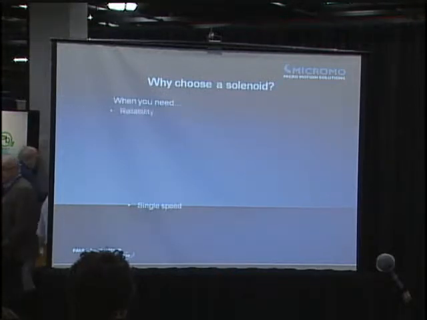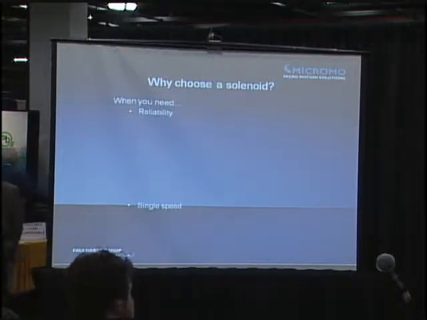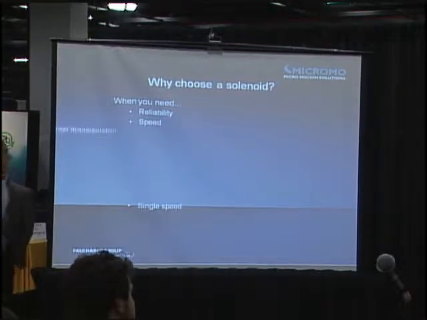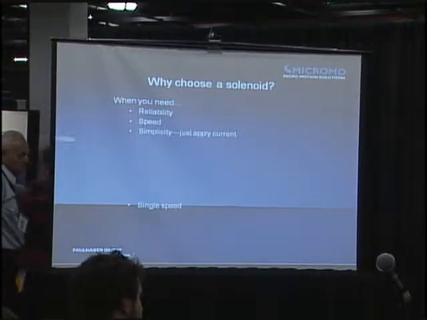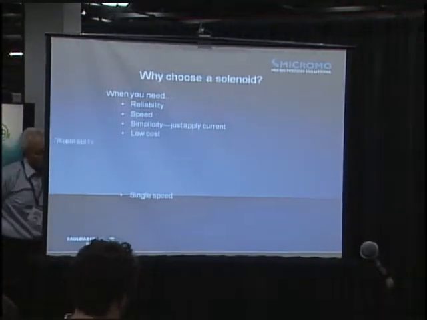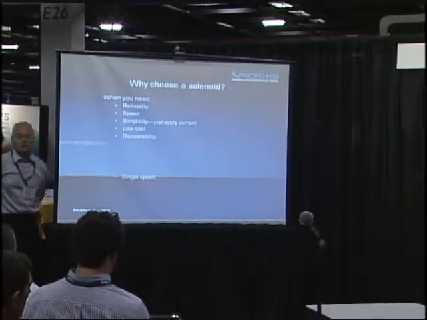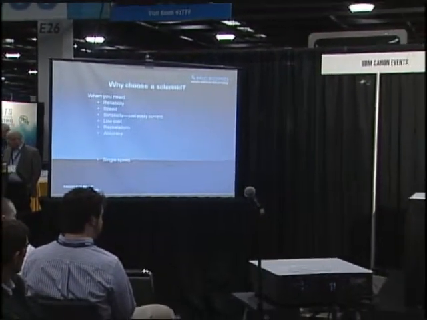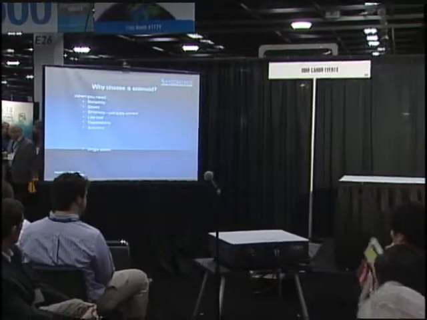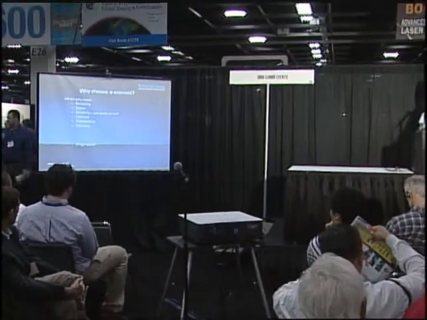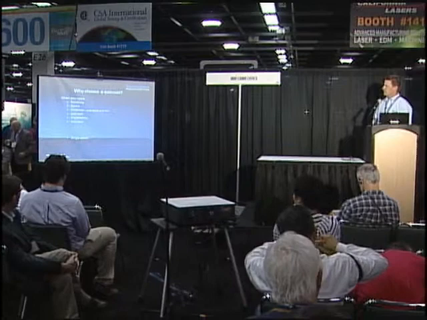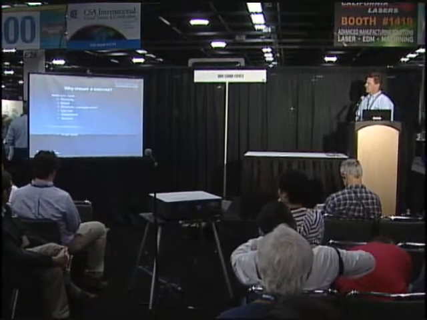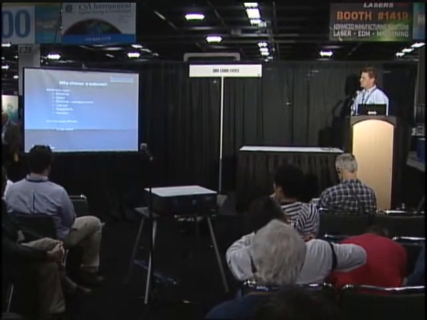Solenoids are something that are a very simple device. You're only looking at two movements, forward and back, and you don't have any positioning capability within that range. So you're looking at very rudimentary types of movements when you're doing that.